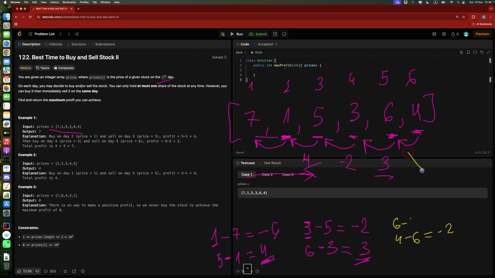So it is not a good idea to do this. And in the end, we have 4 and 3, which is 7, which is the profit expected here, right?